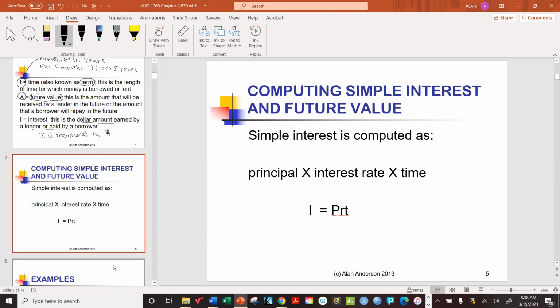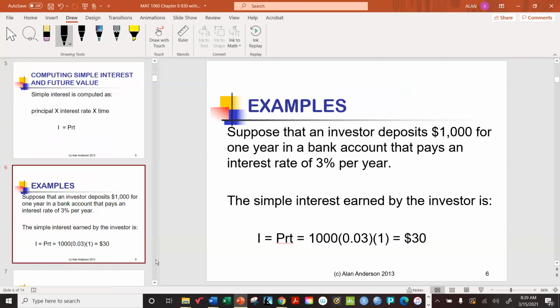So we ran through several quick examples of this, and we found that the formulas are indeed very straightforward, as long as we remember that R is a percentage and T is in years. Here's a good one. We start with $1,000. We leave it in the bank for 1 year, and the account pays an interest rate of 3% per year.